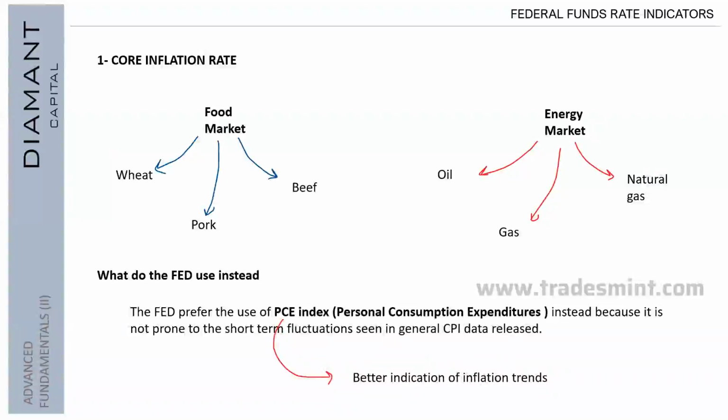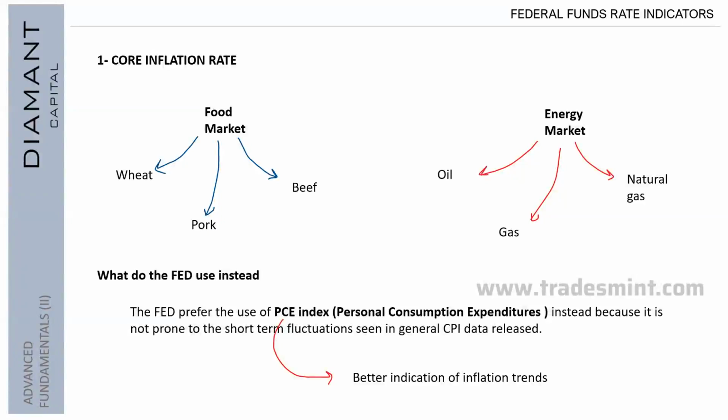Of course, there's many other sectors as well, but these are just a few that I brought up. Of course, you can do your own research and look more into that. Then the energy market mainly consists of oil, gas, and natural gas. Of course, there's going to be more to that as well, but again, some extra research will never hurt. But these three are the main three that we even look at, especially on the charts, particularly oil.